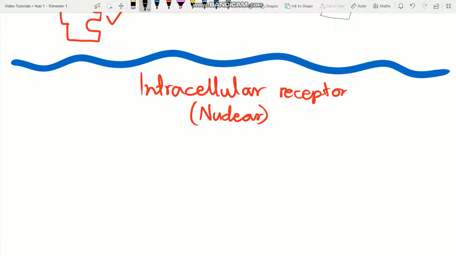Well, essentially, the three receptors that we've looked at so far, ligand-gated, G-protein, and kinase link receptors, have all been receptors that have their receptor sites on the outside of the cell. Intracellular receptors, on the other hand, have their receptors in the nucleus, or somewhere inside the cell.